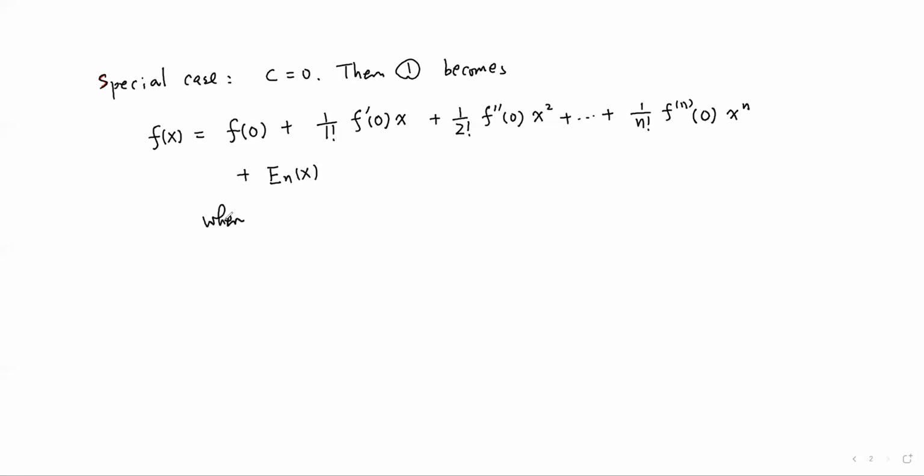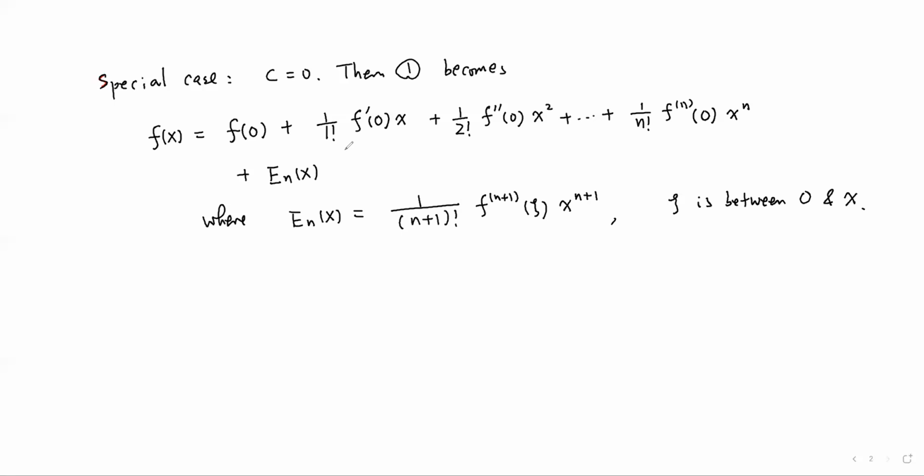where the error term is 1 over n plus 1 factorial, derivative n plus 1 times evaluated at psi, times x minus c, so x to the n plus 1. Okay, now psi is between 0 and x. We often use this special case formula.